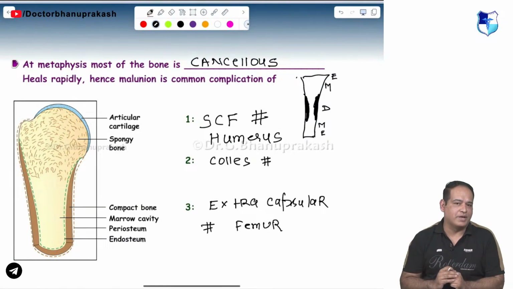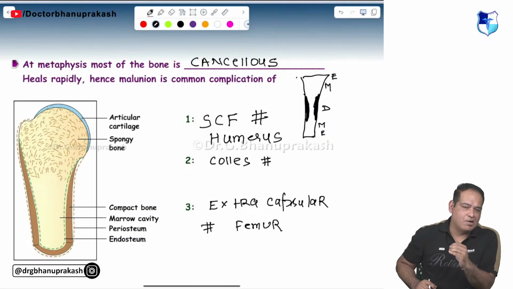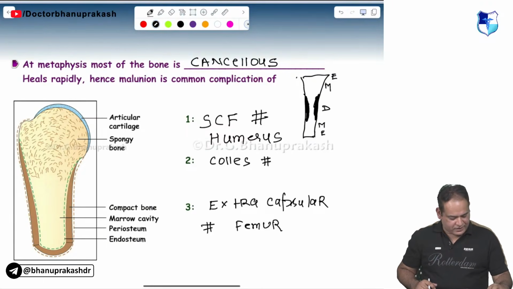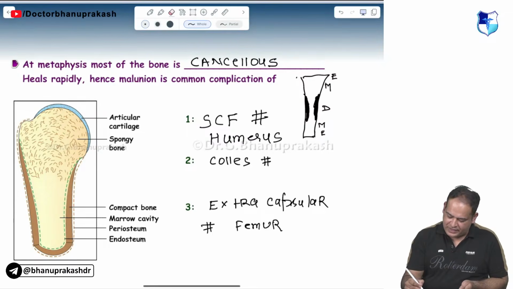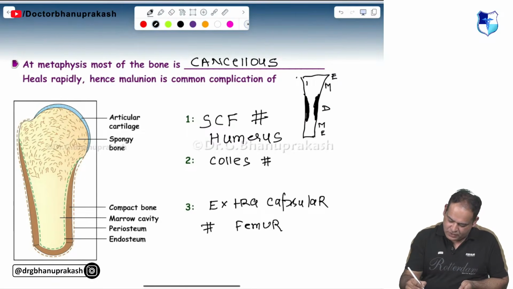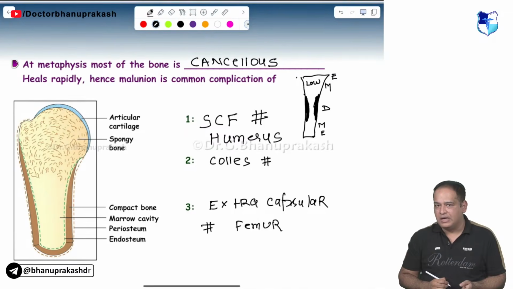What is common in these three is that all these fractures occur at the metaphysis. Right? So, because all these fractures are occurring at the metaphysis, what is the problem? That the bone density is very, very low.